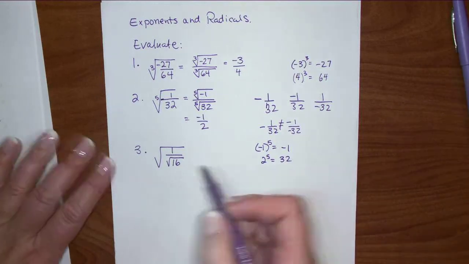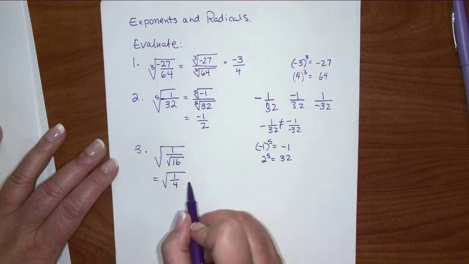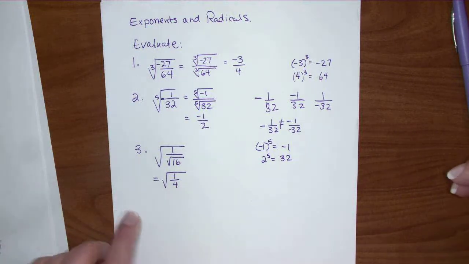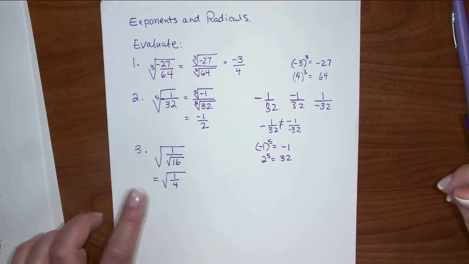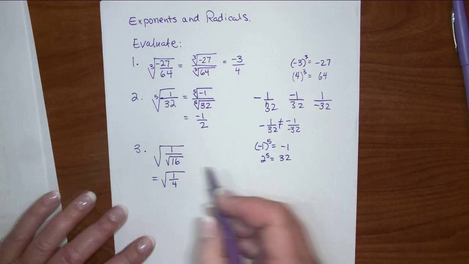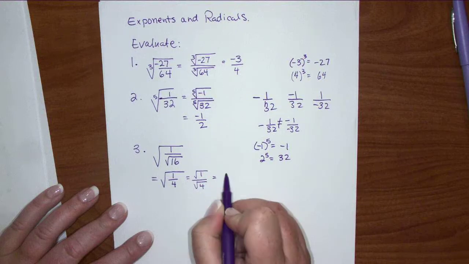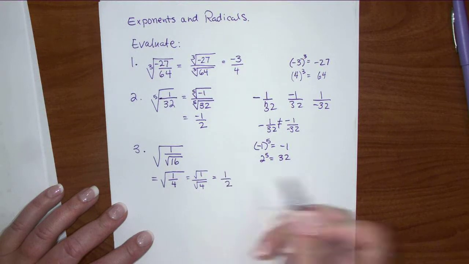So you just rewrite it. Instead of the root 16, we would have a 4. And now how do we evaluate that? Same as we're doing up above. You take the square root of the top, square root of the bottom. Square root of 1, square root of 4. Square root of 1 is 1, square root of 4 is 2.